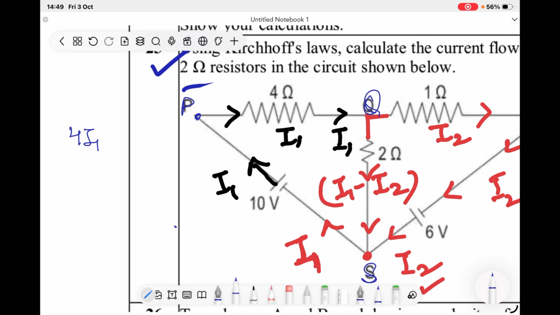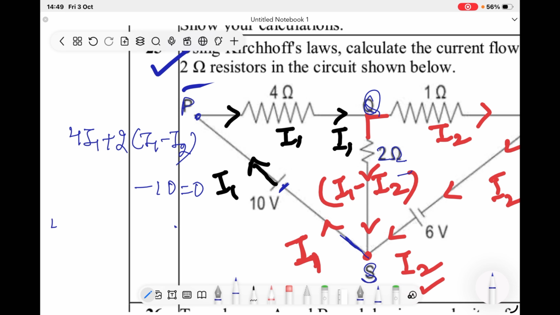Then when I'm going from Q to S, what is my resistance? This 2 ohm, and current is this, so positive 2 into I1 minus I2. And when I'm going from S to P, I'm hitting against negative, so minus 10 equals 0. This is my first equation.